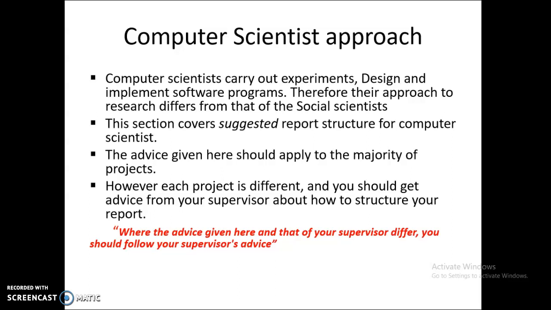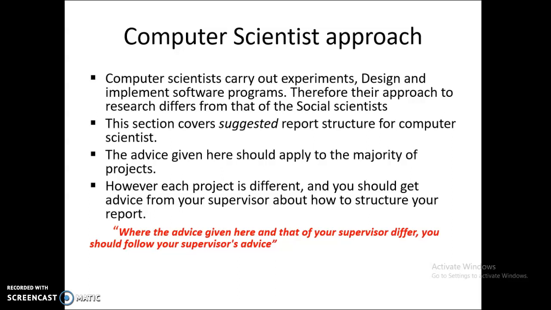So in this lecture, my major concern is the sections that computer scientists cover in their report structures, and also to give advice on how you can apply most of these thesis formats in your research projects.